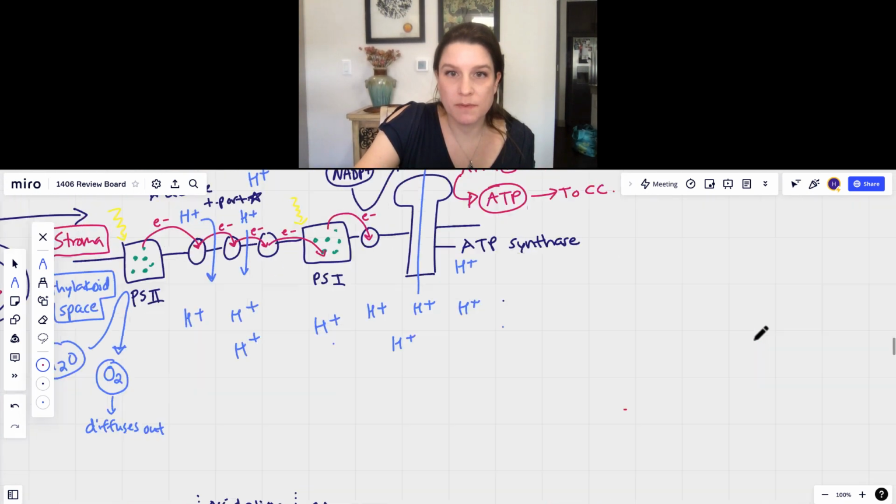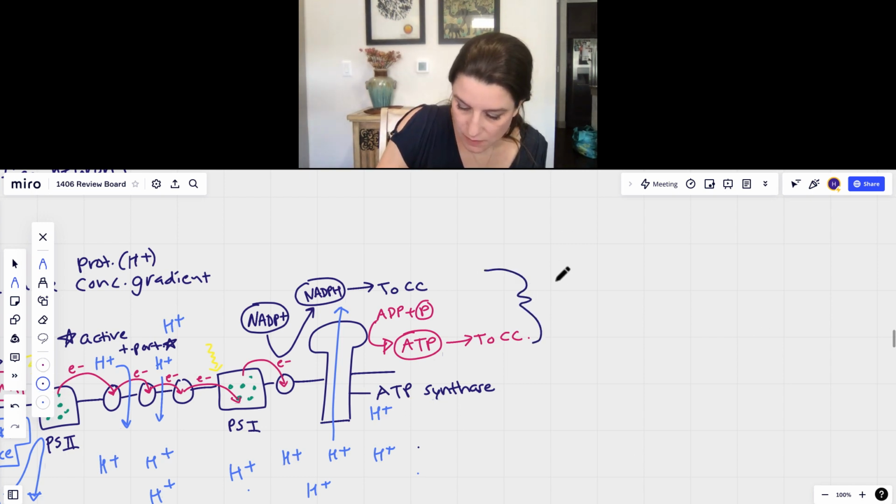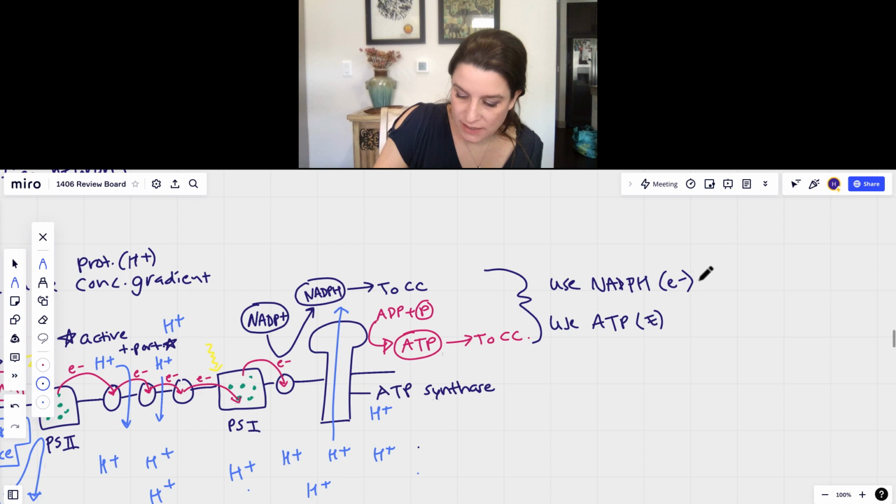Let's go back up. What happens in the Calvin cycle? You're going to use the NADPH for the electrons and use the ATP for the energy. And using the energy, you're going to embed the electrons in a carbon compound.